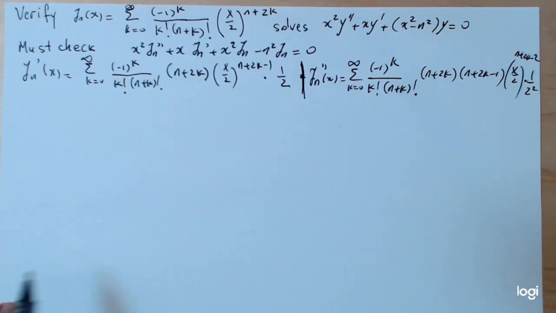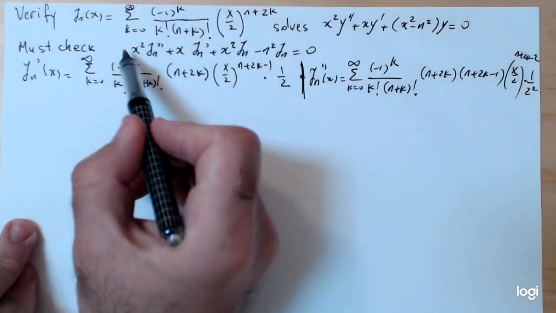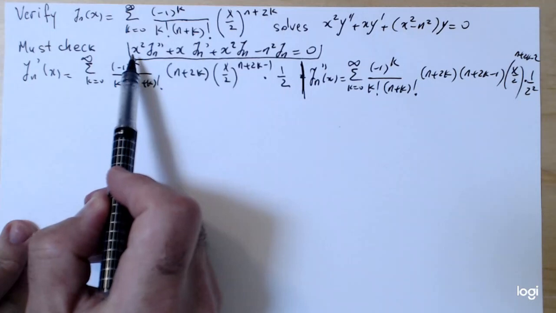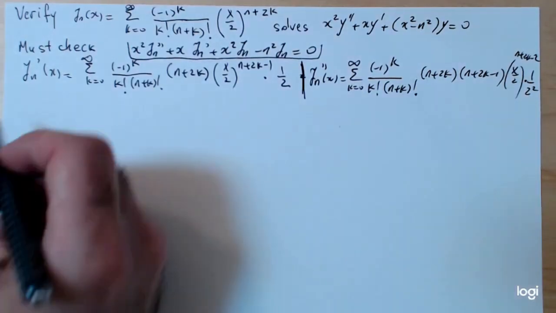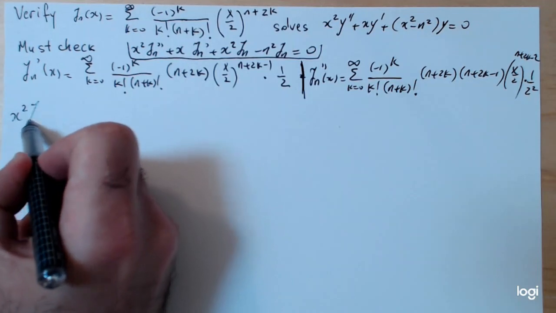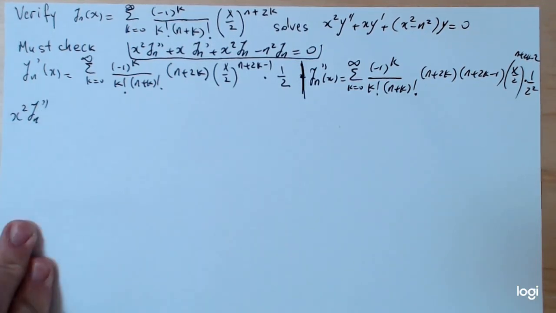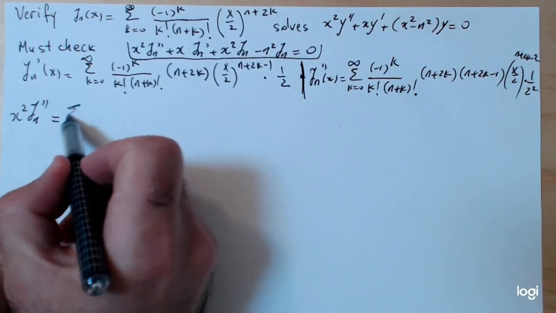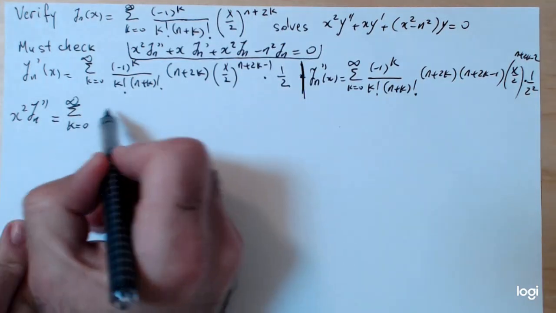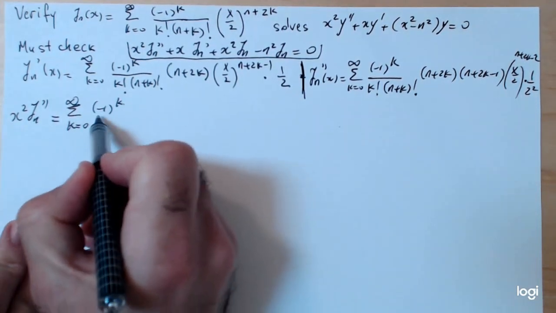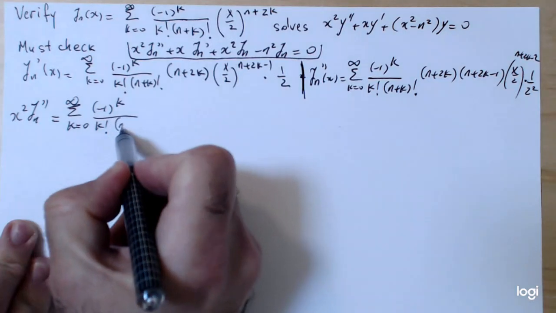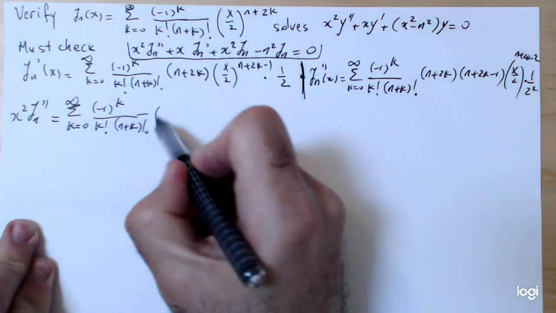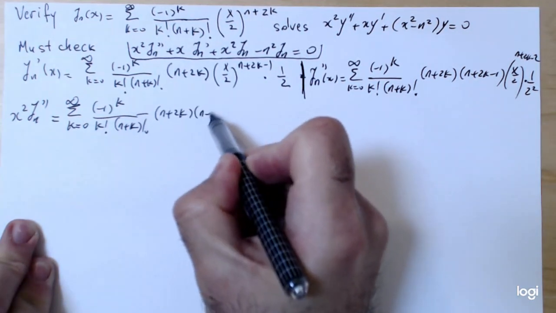Okay, so now when we plug in these into the summation, we have Jn double prime multiplied by x squared. So let's start with that one. So we have x squared times Jn double prime. I'm going to bring x squared inside the summation. So look carefully here, summation from 0 to infinity, minus 1 to the k over k factorial, n plus k factorial, and n plus 2k, n plus 2k minus 1.